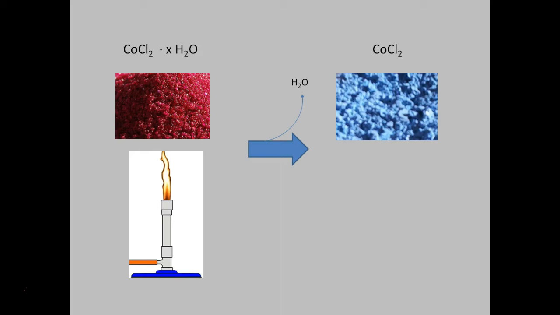So what I could do is look at the difference between the mass of the cobalt(II) chloride hydrated salt and the anhydrous cobalt(II) chloride to get my mass of water. And then I could determine a mole ratio between my moles of water and my moles of anhydrous salt. So let's take a look at an example.